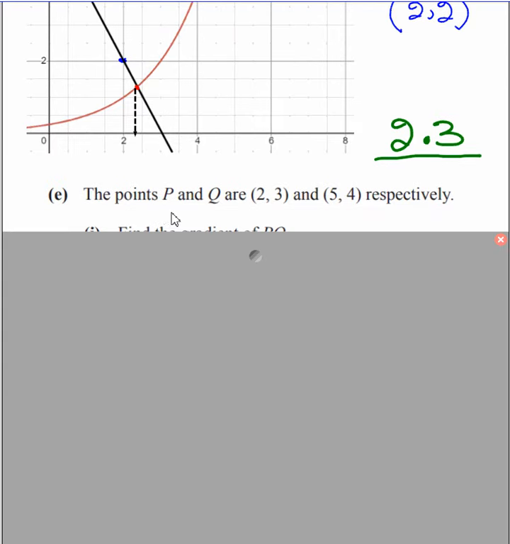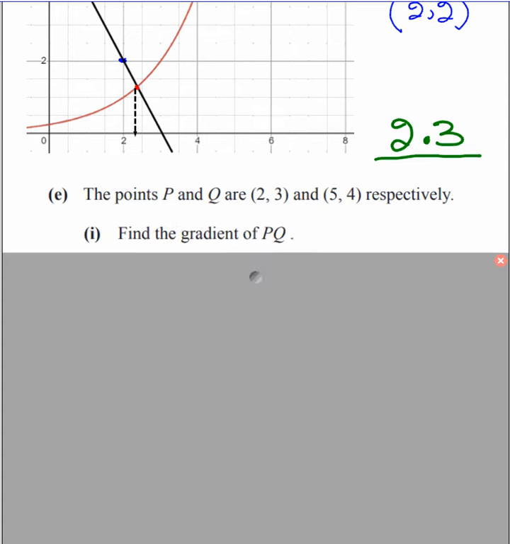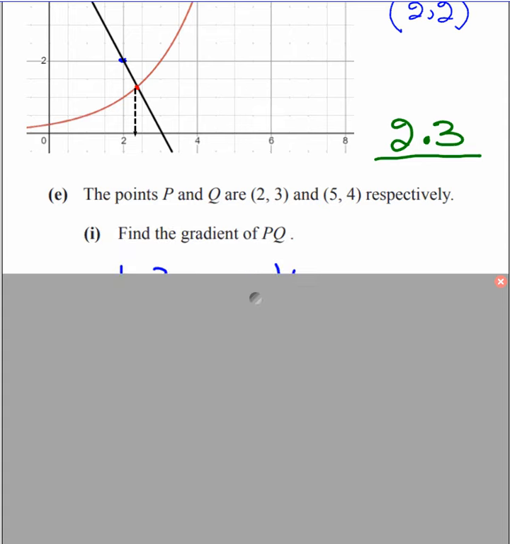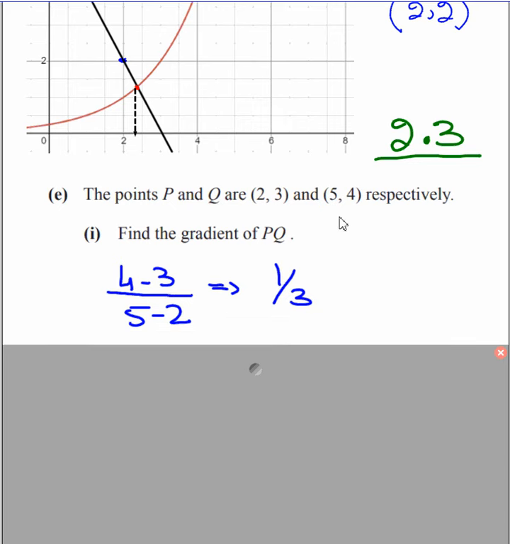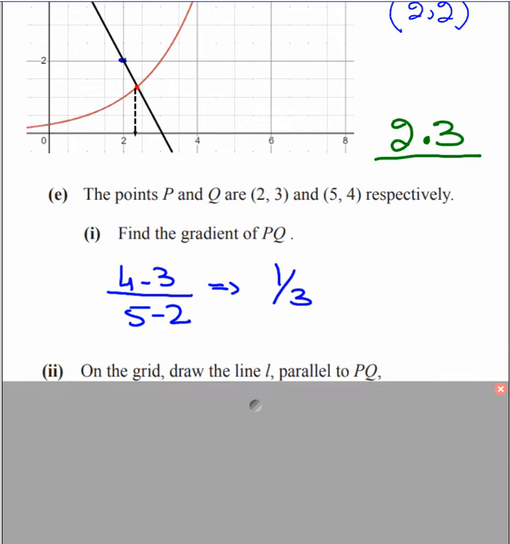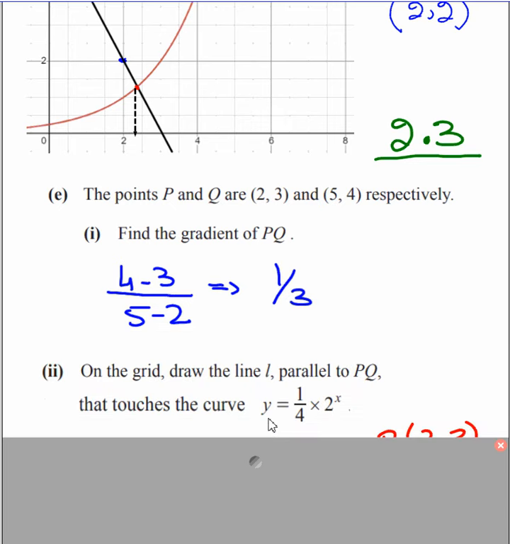Then the question is saying the points P and Q are these respectively. Find the gradient. So this is simple. You just need to apply the gradient formula. You got it here. Second part of the question is saying on the grid, this grid on which you are plotting your points and other things, draw a line which is parallel to PQ and touches the curve.